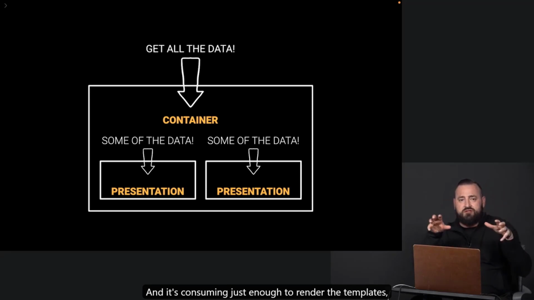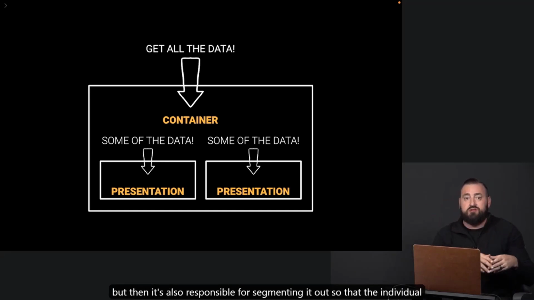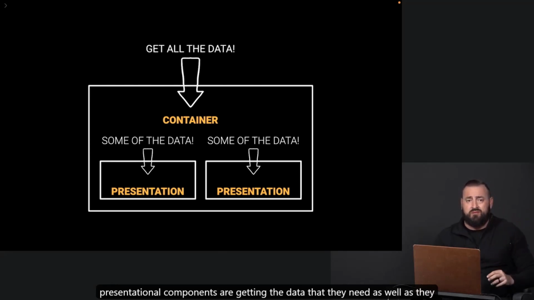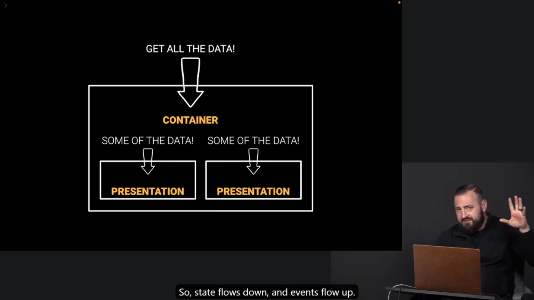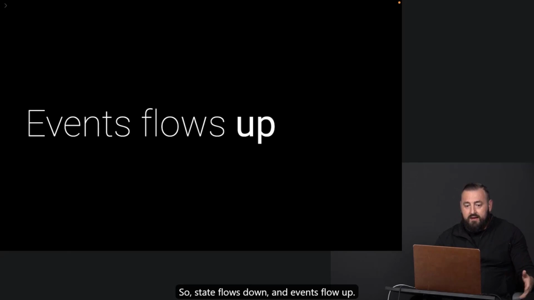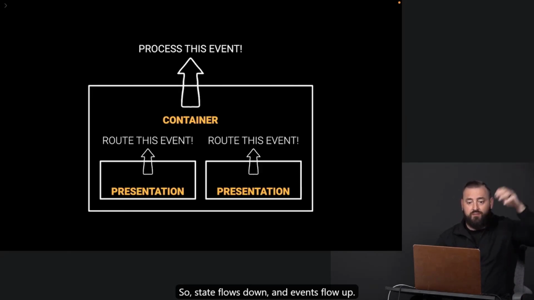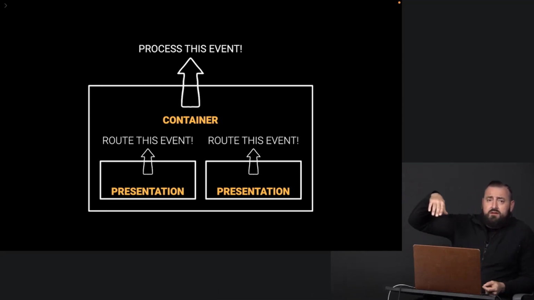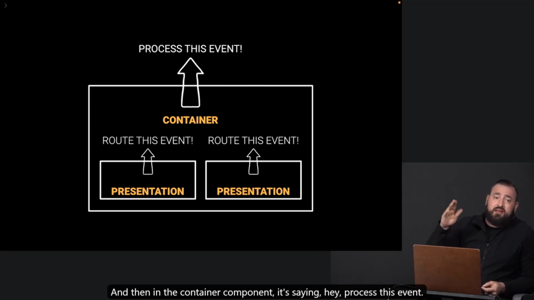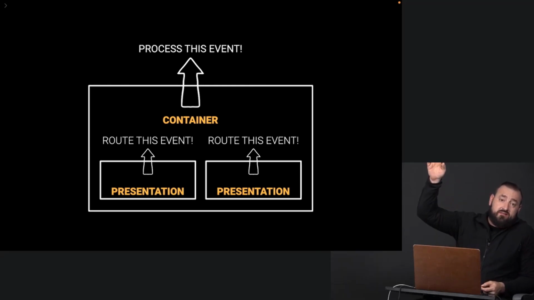It's consuming just enough to render the templates, but it's also responsible for segmenting it out so that the individual presentational components are getting the data that they need, as well as having the ability to surface the appropriate events for that component. So state flows down, and events flow up. Within a presentational component, it says, hey, here's this event, route it, do something with it. And then the container component says, hey, process this event.